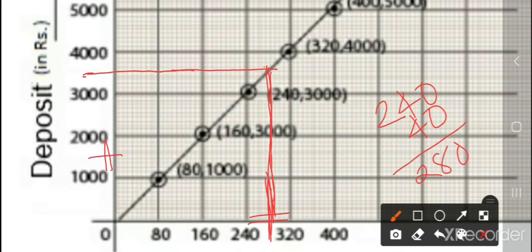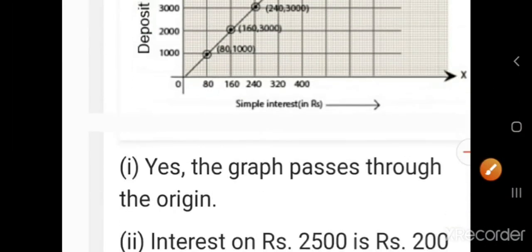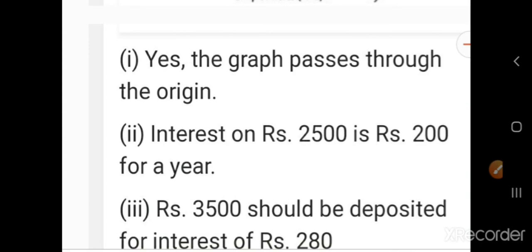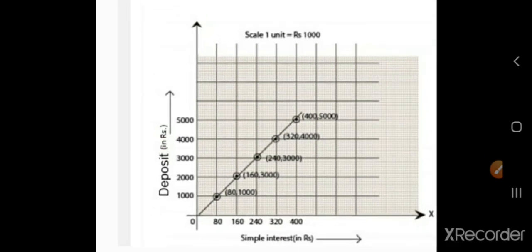So it will be 3500. 3500 will be the deposit amount when you are getting 280 as interest. So rupees 3500 should be deposited for an interest of rupees 280. From the graph itself you will be able to understand.